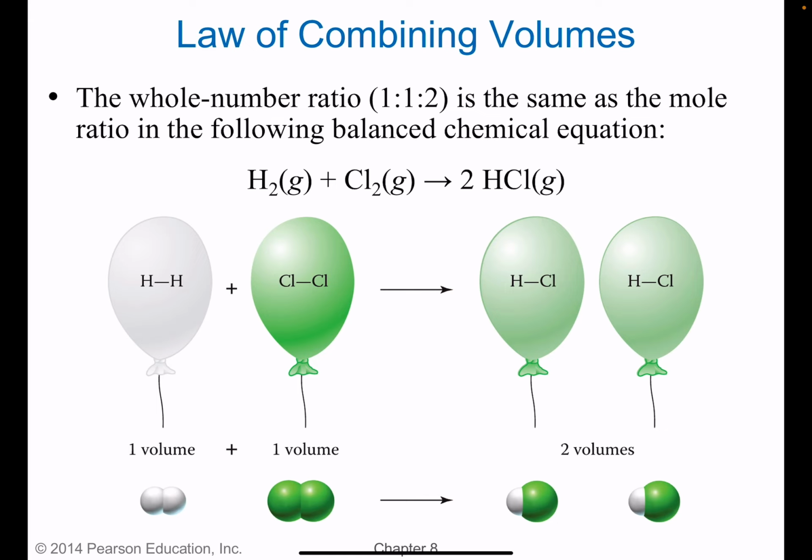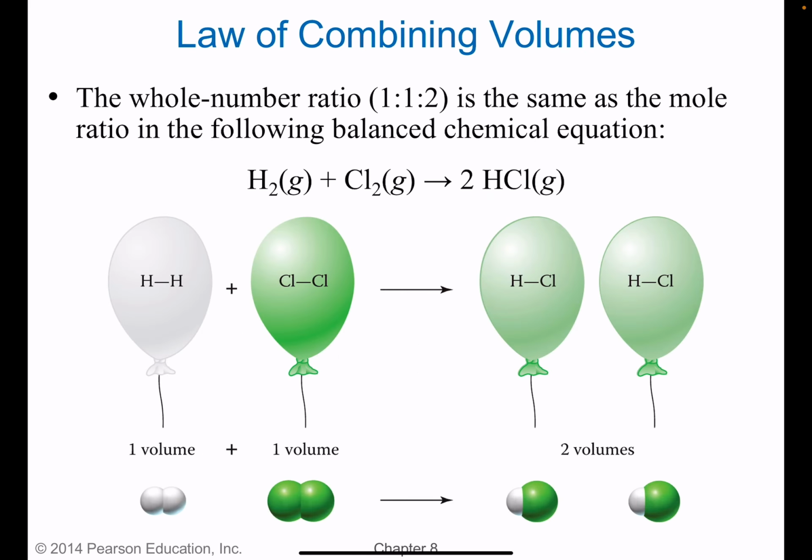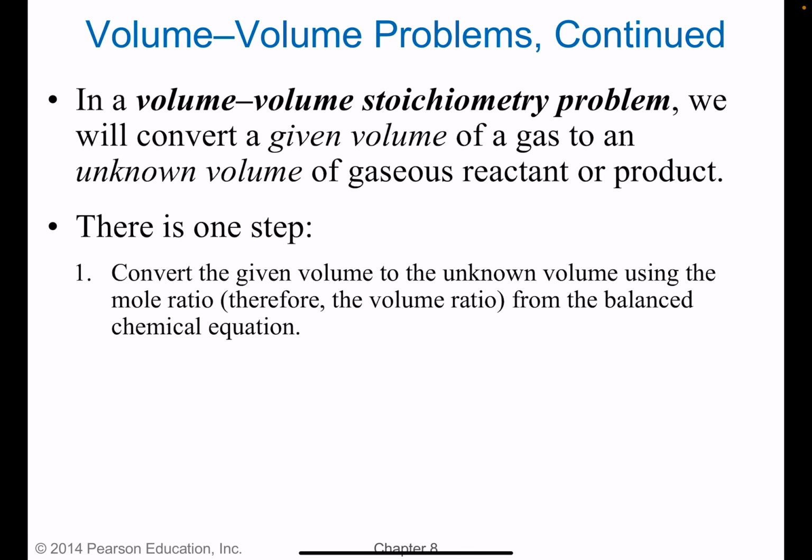So here's just another illustration of what we mean by the law of combining volumes. If we had 1 volume of hydrogen reacted with 1 volume of chlorine, we would produce 2 volumes of our product, the HCl gas. Now, volume to volume problems, because of the 22.4 liters per 1 mole for any gas at standard temperature and pressure, we can take a shortcut.